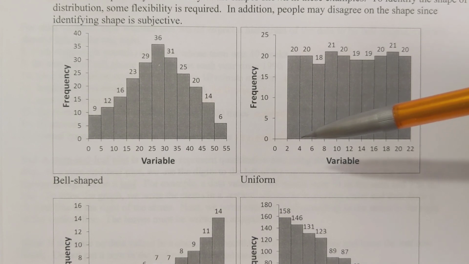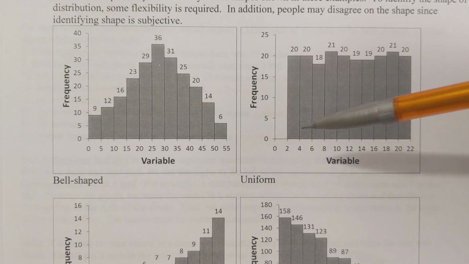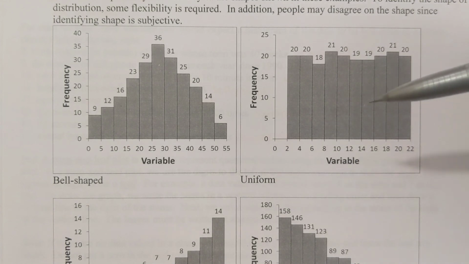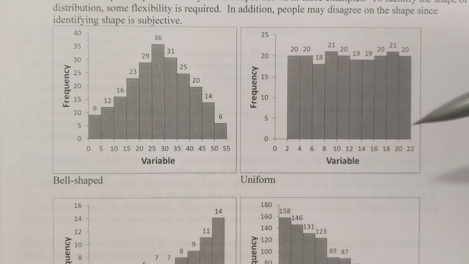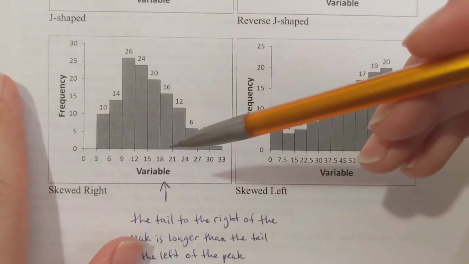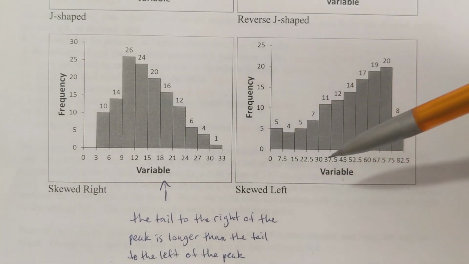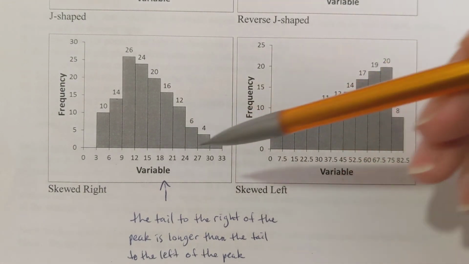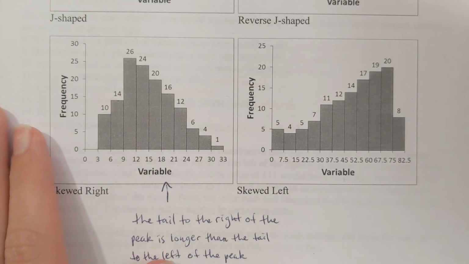The fact is that there are so few people who have millions and billions of dollars, so I would tend to think we'd have something skewed to the right, as opposed to bell-shaped.